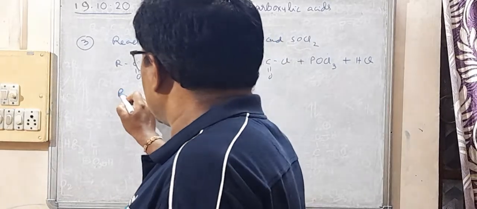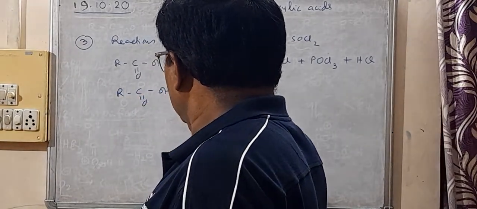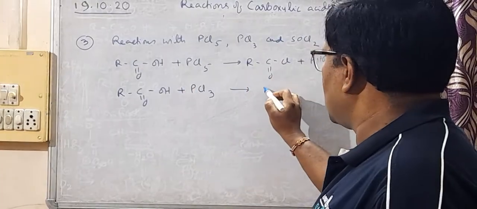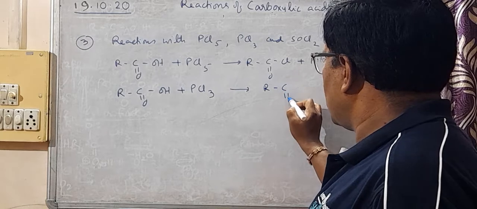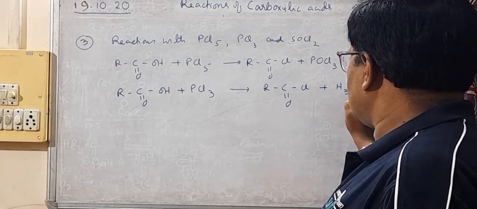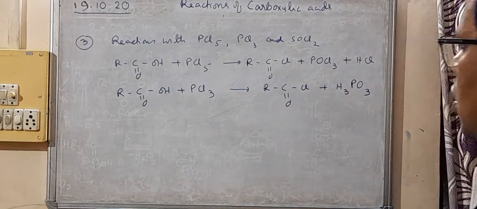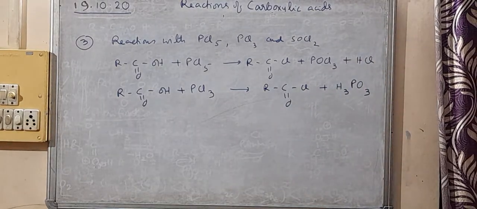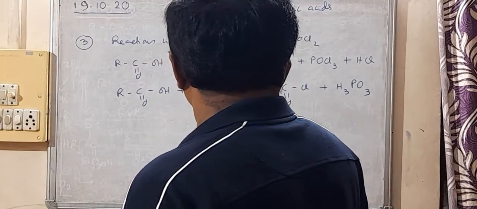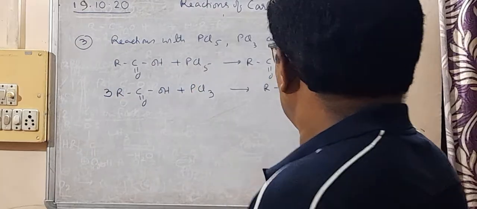If it is PCl3, then also you get here R C double bond O Cl plus H3PO3. Of course, here you have to put 3 for balancing.